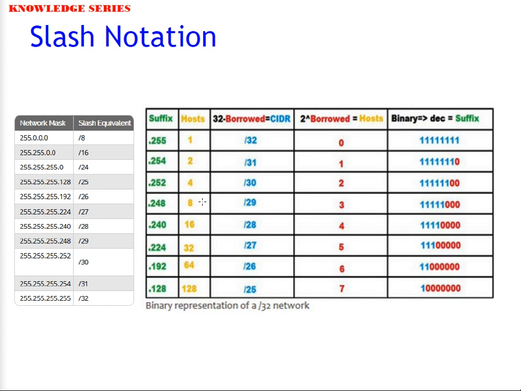So 8 host addresses. Where is that 8 showing? It shows /248. That means from 256 it is reduced by 8, so that is 248. Similarly you go up to here, /25. So 32 minus 25 is 7. So 2 to the power of 7 is 128. So that is 128 you are able to see.